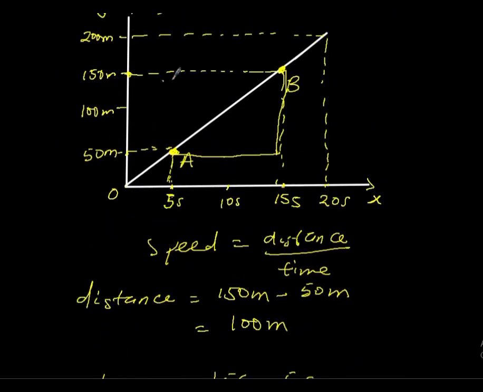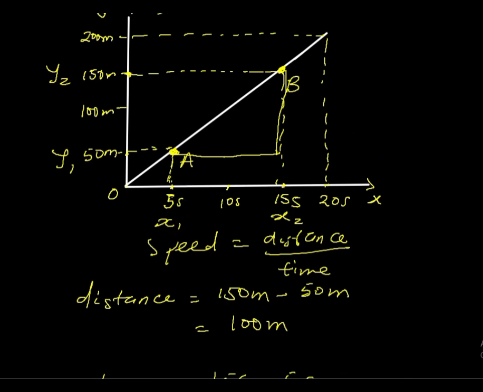So y2 is the value of point B on the y-axis. So this is y2. And y1 is the value of point A on the y-axis, which is here. y1 is 50 meters, y2 is 150 meters. And then we come down. The value of point B on the x-axis becomes our x2, while the value of point A on the x-axis becomes our x1.